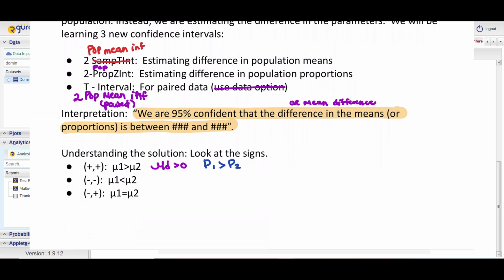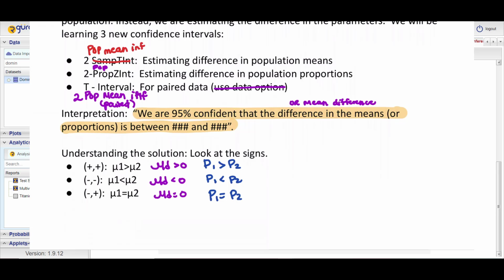All right, and then if they're both negative, it implies that mu1 is less than mu2, or P1 is less than P2, or that the mean difference is less than 0. And if you've got a negative and a positive, it implies that the two means are equal, or the difference is equal to 0, that there's no difference, or that P1 is equal to P2.